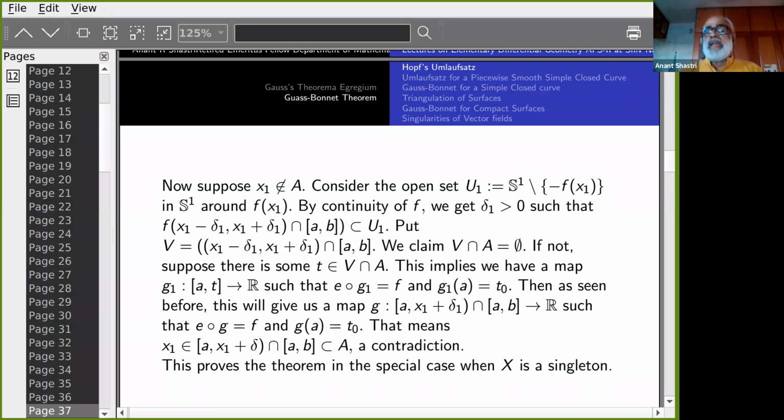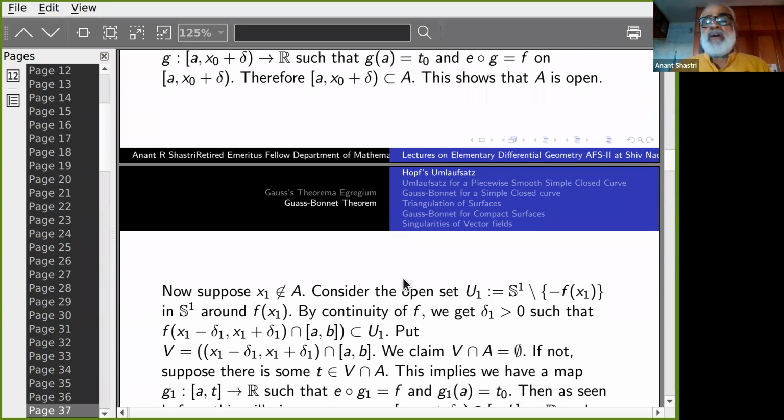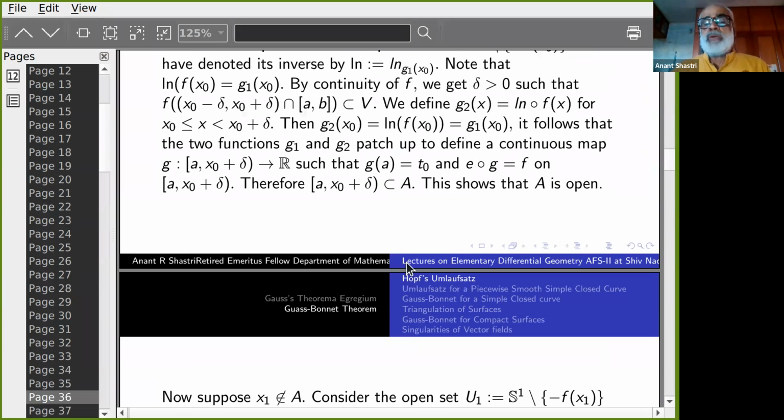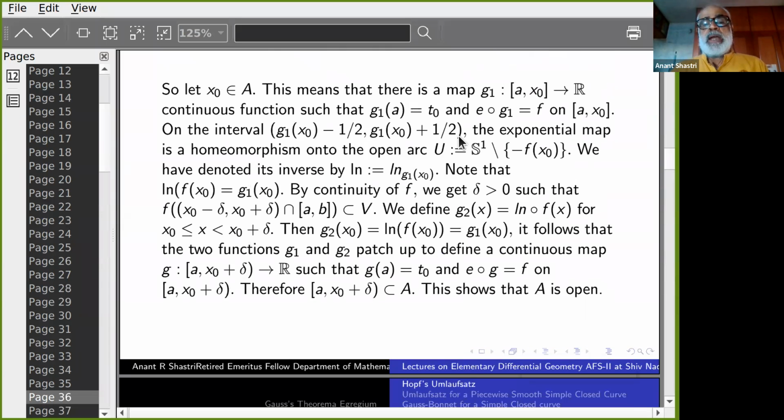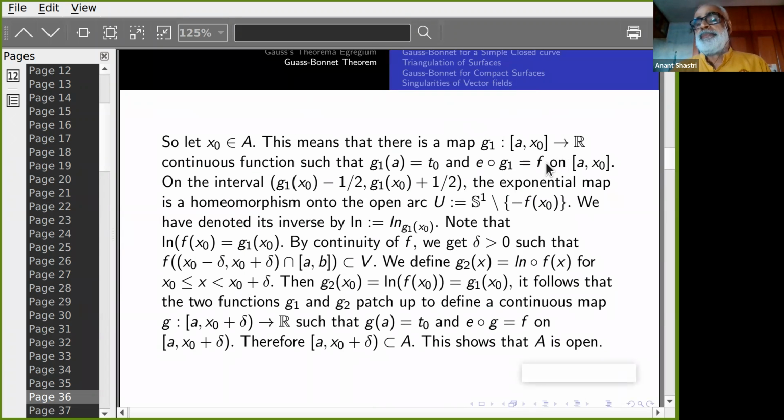Once A is both open, closed, and non-empty, it must be the whole interval AB. If A is the whole interval AB, we have a function g defined on the whole interval AB as required. From the earlier part, the uniqueness follows.